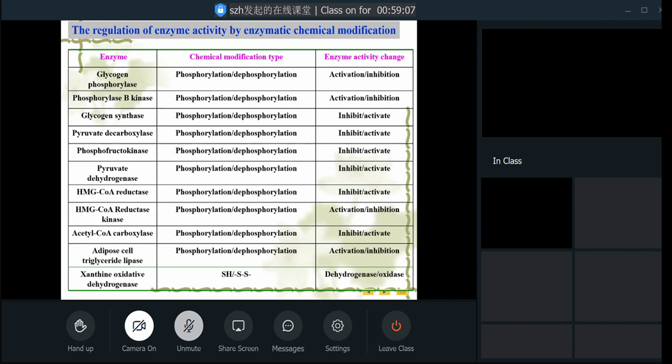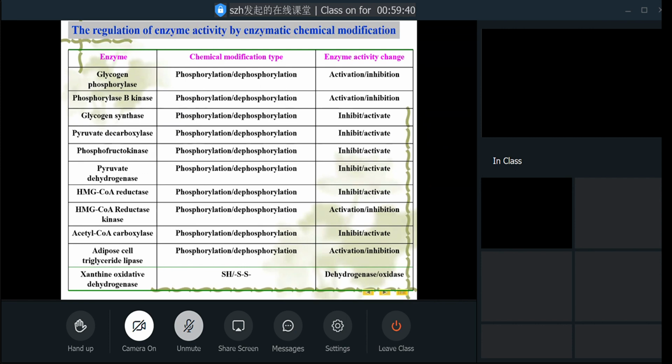For example, during the aerobic oxidation of glucose, pyruvate dehydrogenase is inhibited by phosphorylation, and at that time its activity decreases.